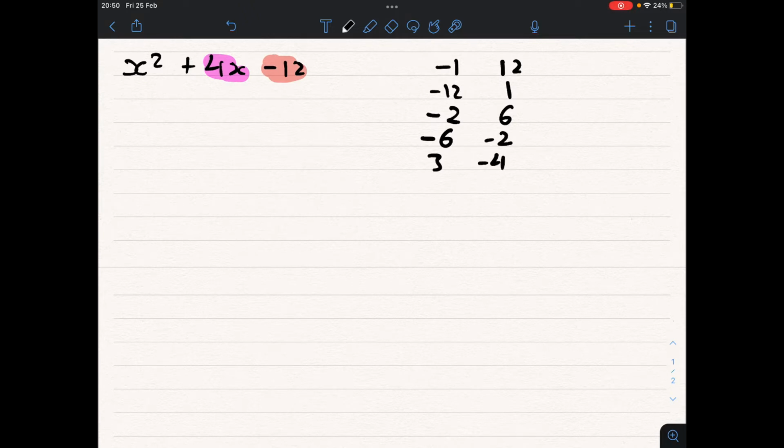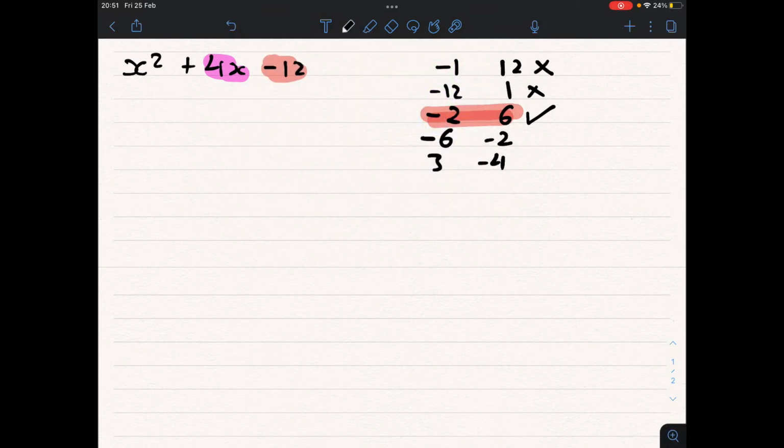Let's check. Minus 1 times 12 gives us minus 12, but it doesn't add to 4, so nope. Same thing here, minus 12 plus 1 doesn't give us 4, nope. Minus 2 and 6 does give us minus 12 and gives us plus 4. Remember, 6 minus 2 is 4, and minus 2 times 6 gives us minus 12. So this is correct.